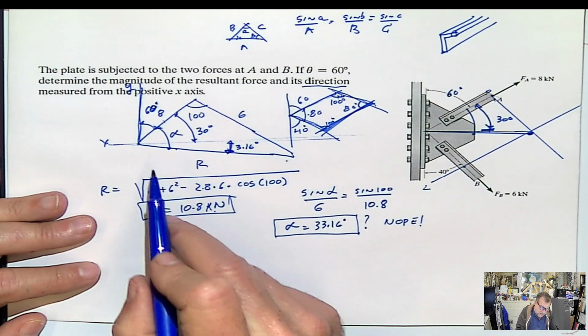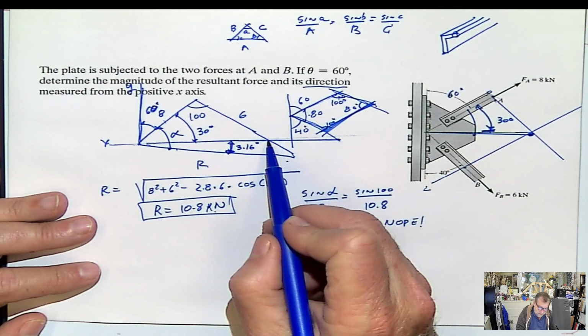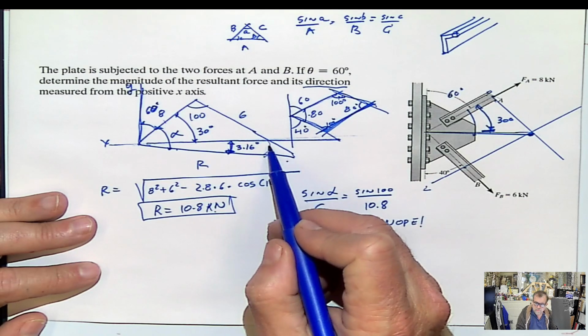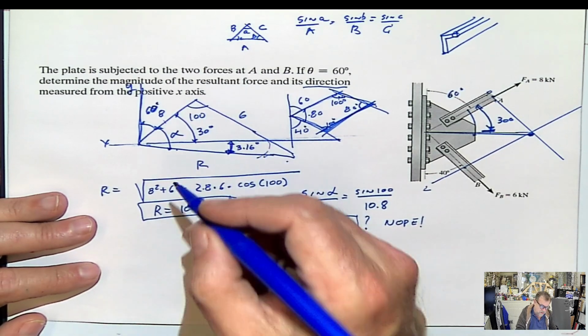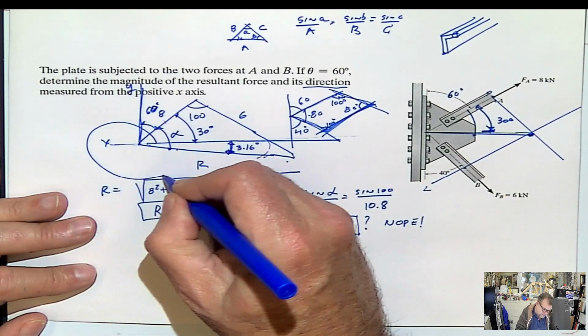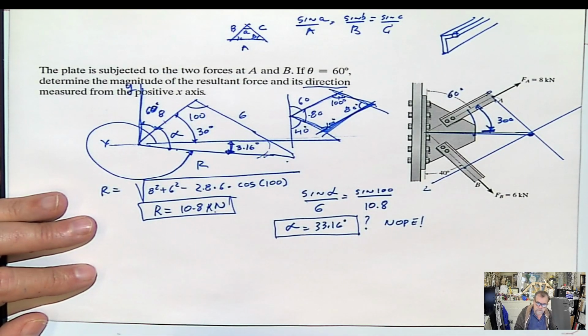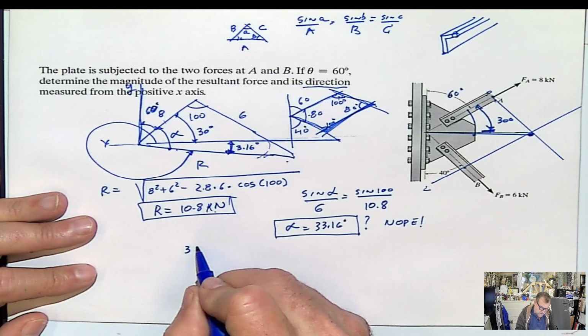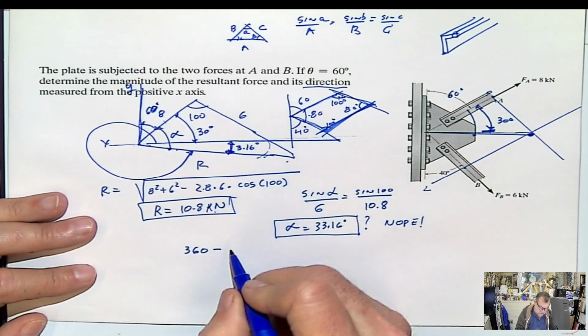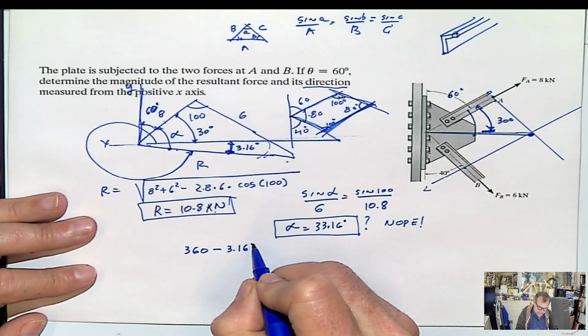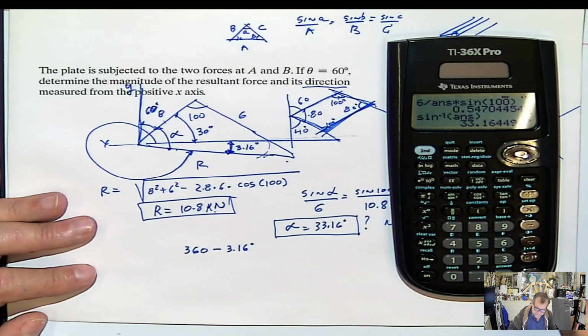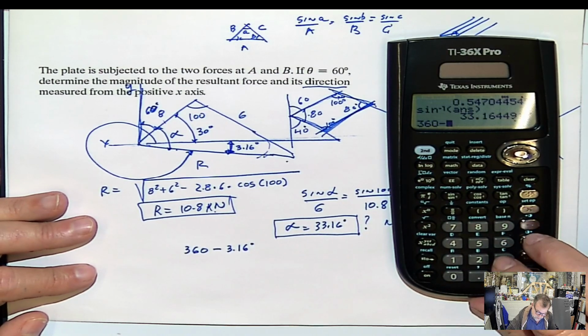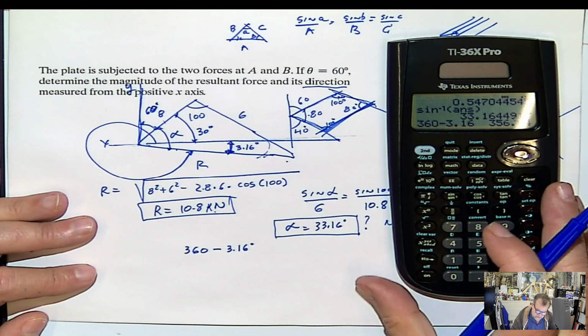But to me, this is not the direction because this is measured clockwise. To me, direction should be that one. And that one will be 360 minus 3.16, which will be 356.84.